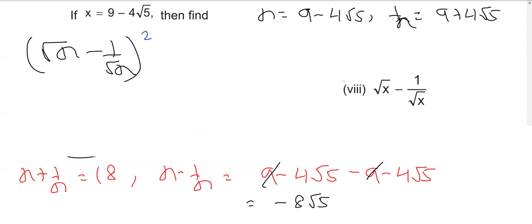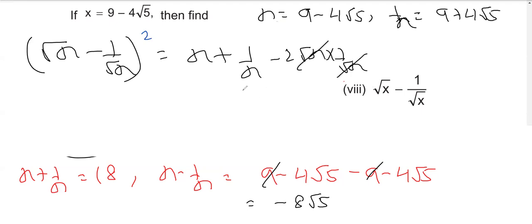Let's see what happens. It is a minus b whole square. So a square, that is under root x square, which is x, plus b square, which is the square of 1 by under root x, which is 1 by x, and minus 2 times a, which is root x, and b is 1 by root x. Here also these get cancelled.